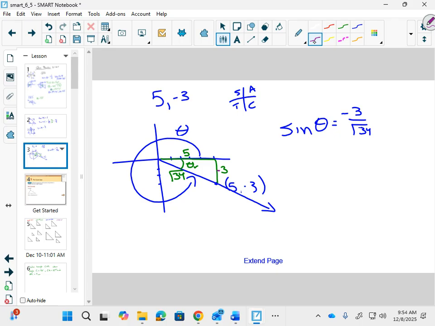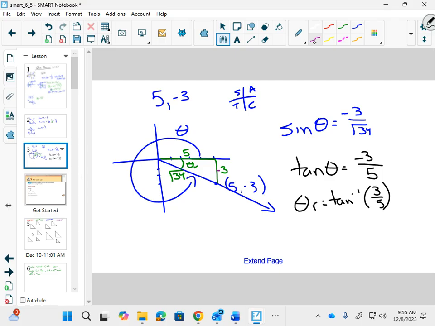If I wanted to find the reference angle or the actual angle, I would have probably used tan, because the numbers were given to me as opposite over adjacent. Tan is negative in quadrant 4. I would get negative 3/5. My reference angle is tan inverse of positive 3/5.